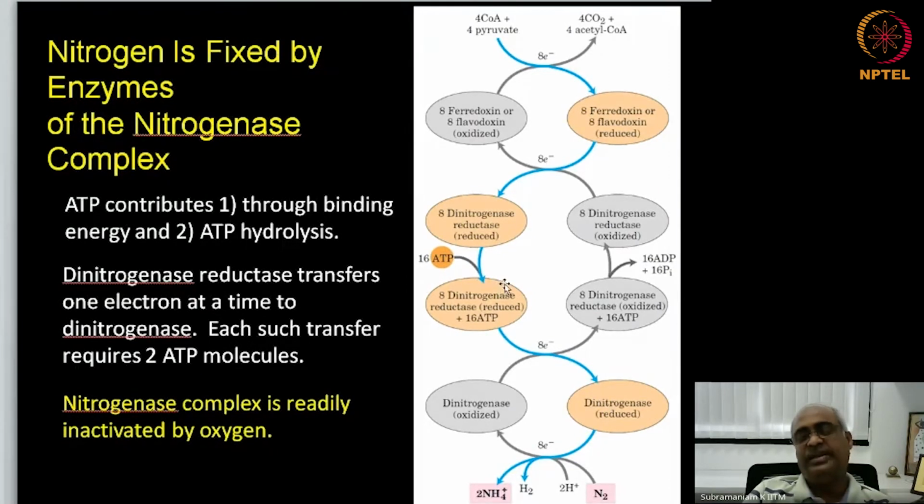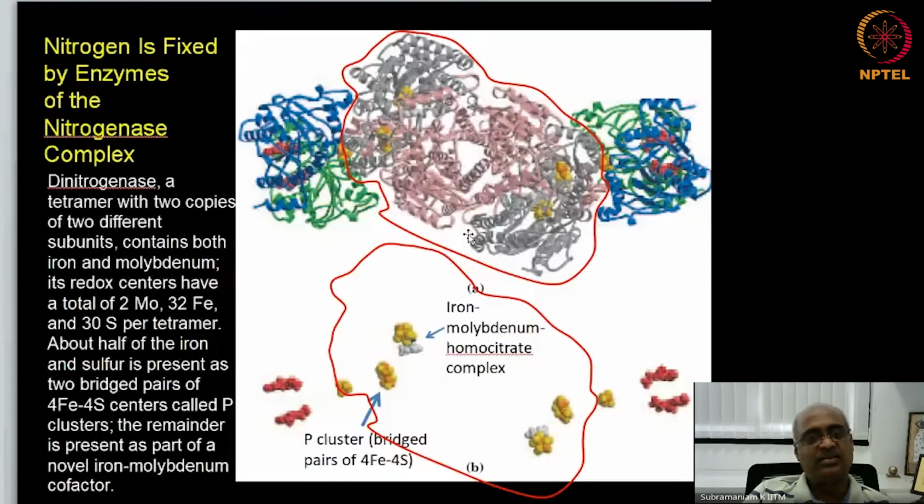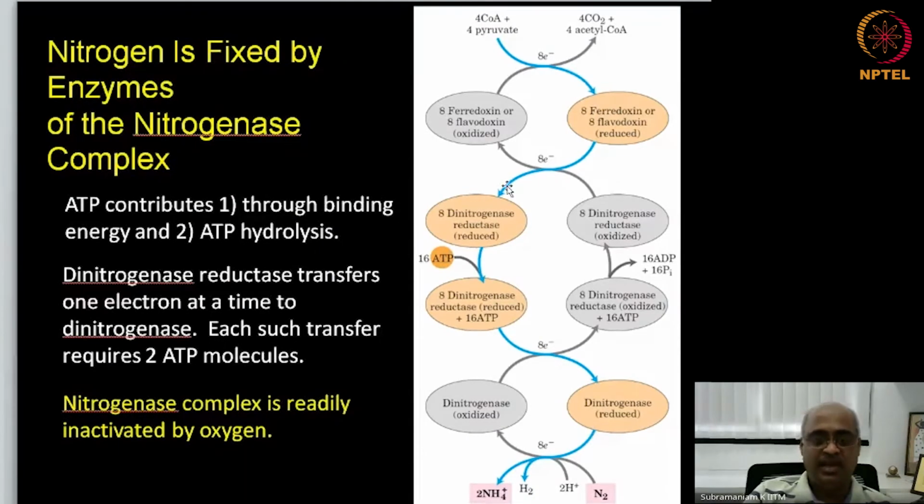So every time it takes up an electron from the reduced ferredoxin, oxidizing the ferredoxin, and hydrolyzes the ATP, it transfers one electron to these centers, the P cluster and the iron molybdenum center. Once it transfers, it dissociates from this complex and goes away. The oxidized version then goes through the cycle again and takes up electrons.